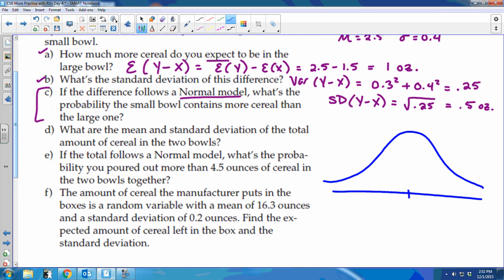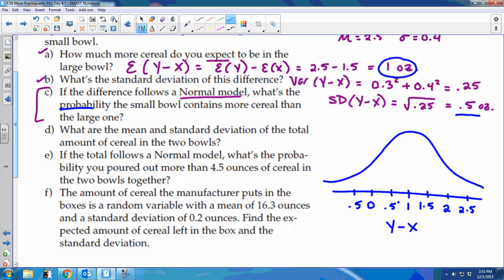So the mean here is 1 ounce for this difference. And then we have a standard deviation of 1/2 an ounce. So we can have increments of 0.5. We could fill in the 68, 95, 99.7 rule if we wanted to. So here's my normal model.